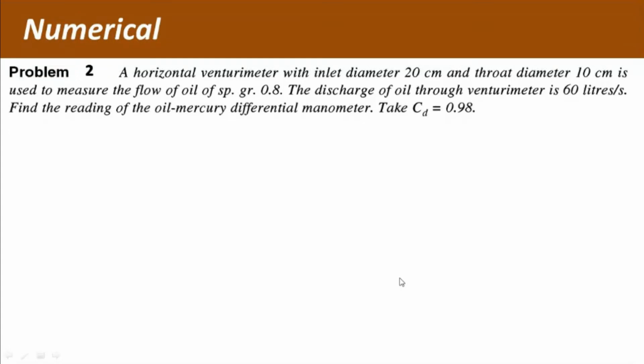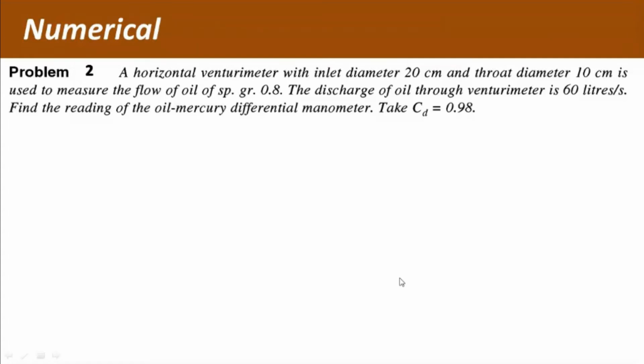The discharge of the oil through the Venturi meter is 60 liters per second.